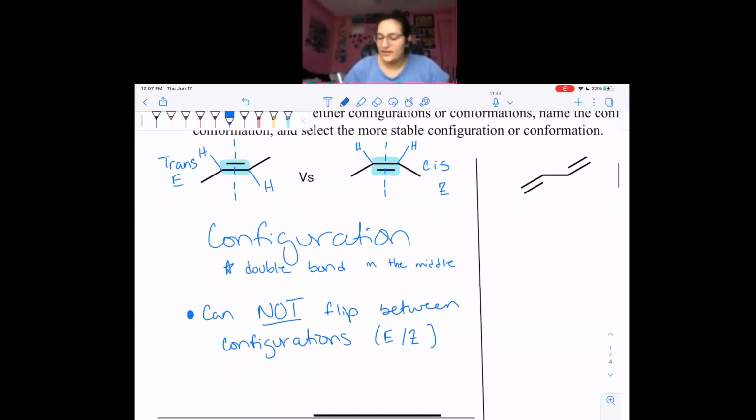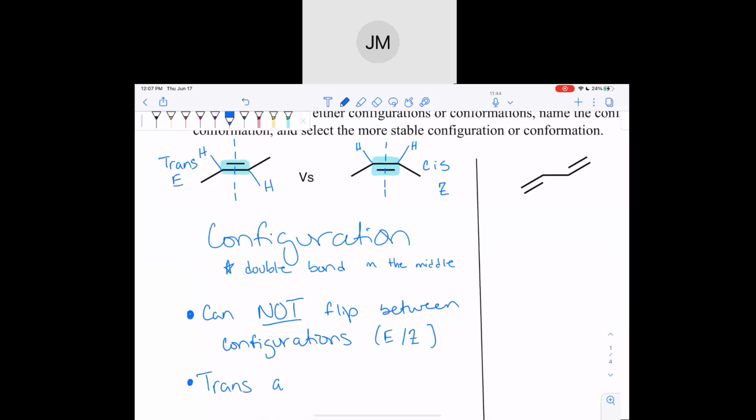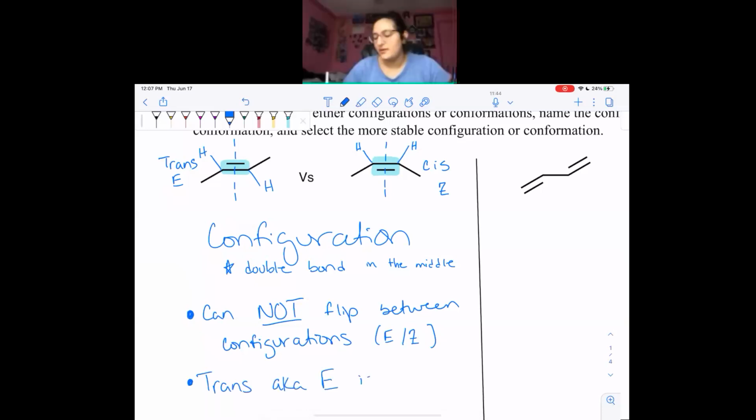And the other thing is, we're going to figure out which one is more stable. So between E and Z, which one do you think is the most stable? Yeah, E because of sterics, right? Yep. So trans, aka E, is more stable.